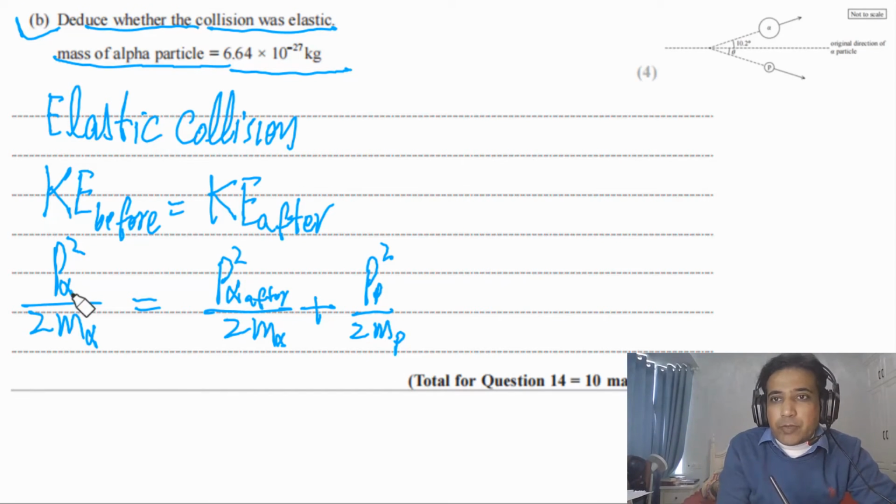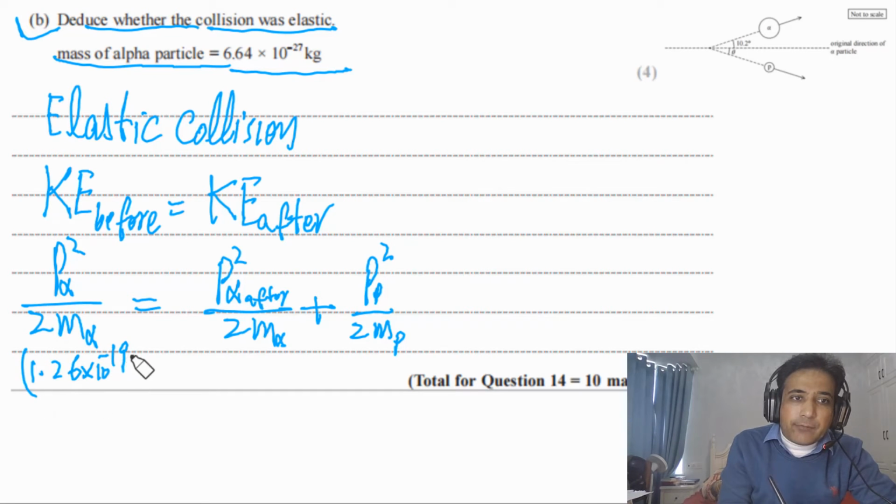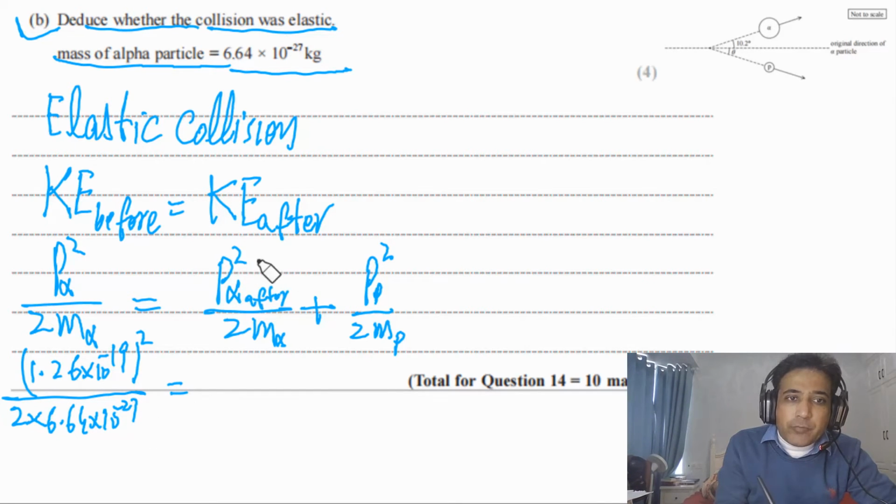We have the momentum of the alpha particle before collision, which was equal to 1.26 times 10 to minus 19. We have to square this value, divided by 2 times the mass of the alpha particle, that is 6.64 times 10 to minus 27. And the momentum of the alpha particle after collision was equal to 8.06 times 10 to minus 20.